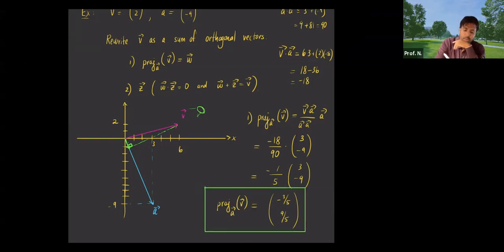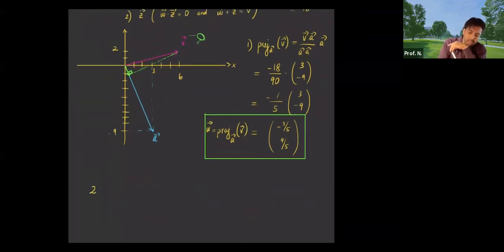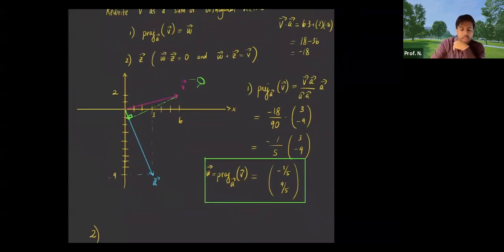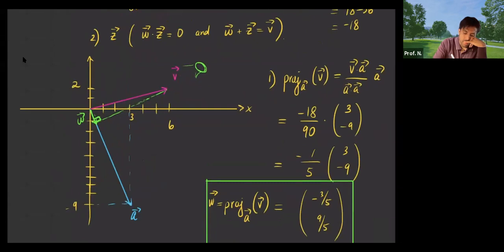So I found it, and we call this vector W. Now, how do we find the second component? We found the orthogonal component along A. Now, how do I find the orthogonal component perpendicular to A? So if this is W, then I want to find Z. How would you find Z?